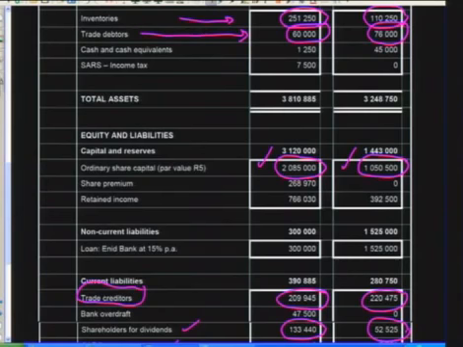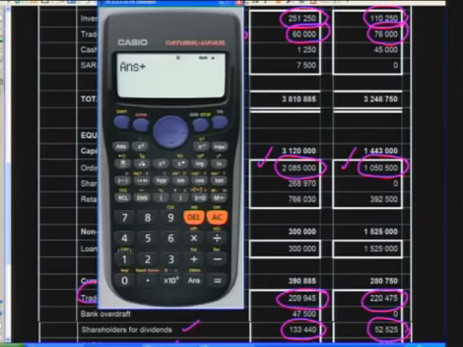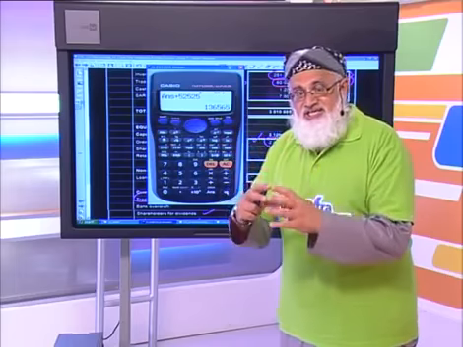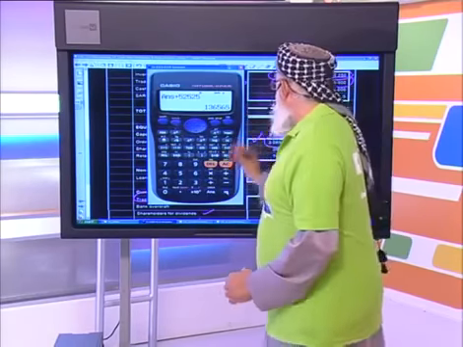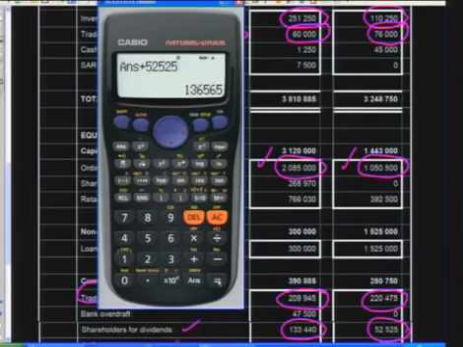Here it is, 52,525 plus 52,525, and my answer is 136,565. So guys, in order to calculate the dividend paid, where's my emphasis? My emphasis is on last year's final and this year's interim dividend. Total 136,565.